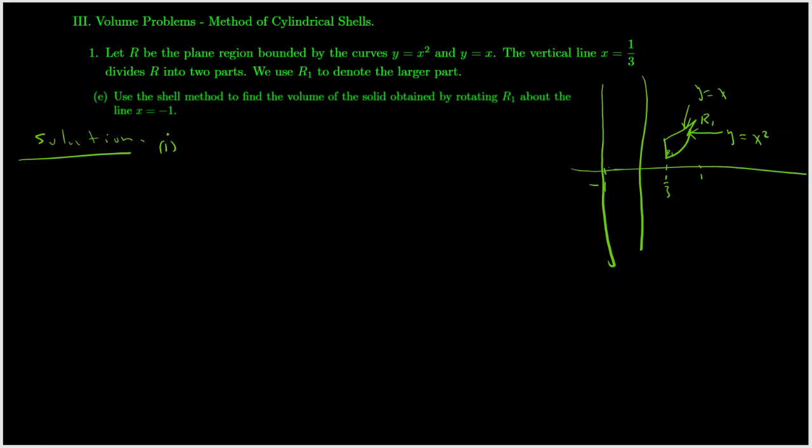So keep in mind, this time we do not project the solid, we project the plane region onto the horizontal axis, that's the x-axis, right? To emphasize, I'll read the full sentence.